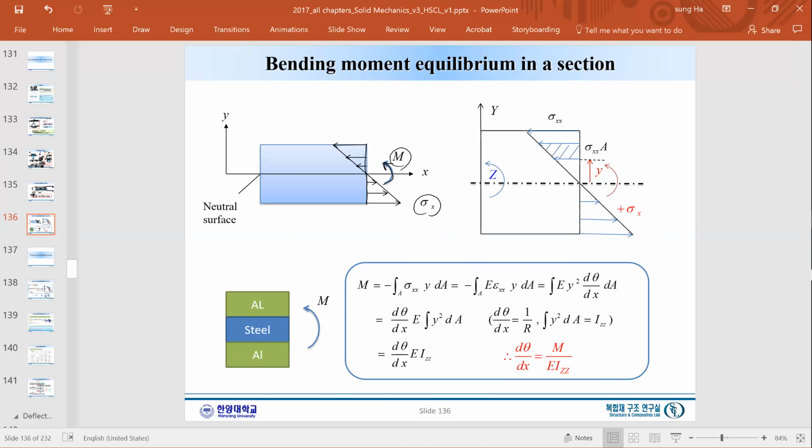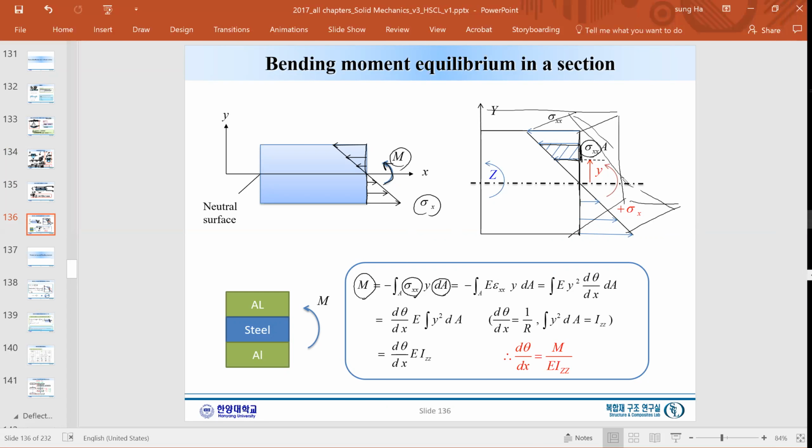So by definition, a moment is simply sigma x times dA integrated. Let's take a look at this, and we consider this is the sigma x, and this is the cross section. Again, if I draw this one three-dimensional, then this will be something like that. So this one is the cross section, and this is a dA, and the sigma x is applied.